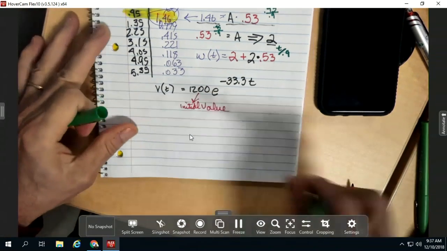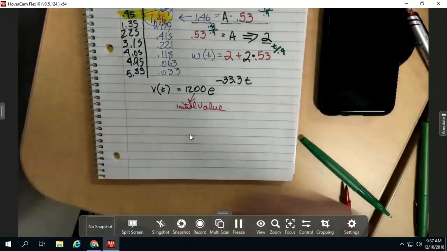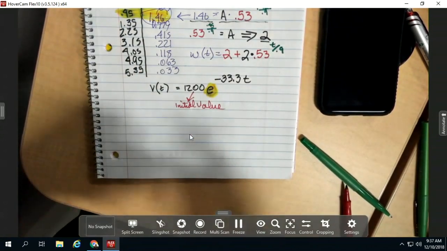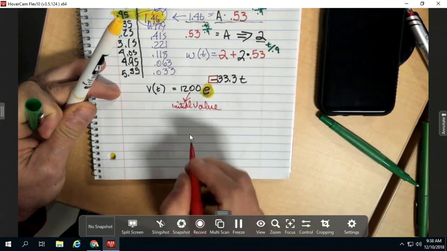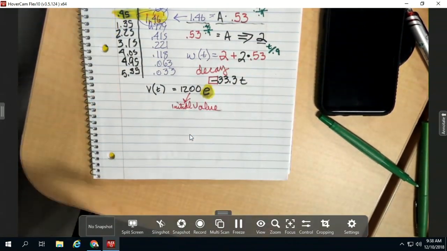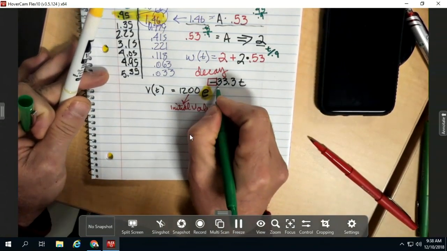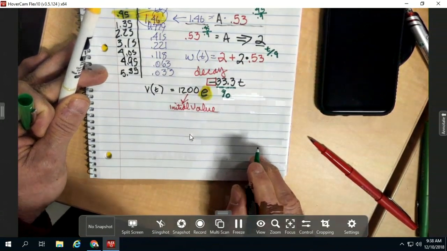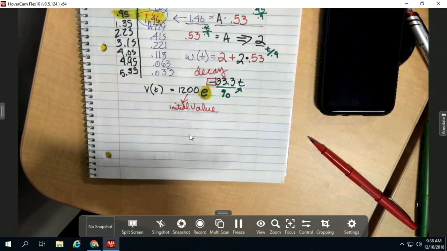In an exponential function, which this one is, when the base is e, this part here tells us it's decay. This part here is the percent of that time.